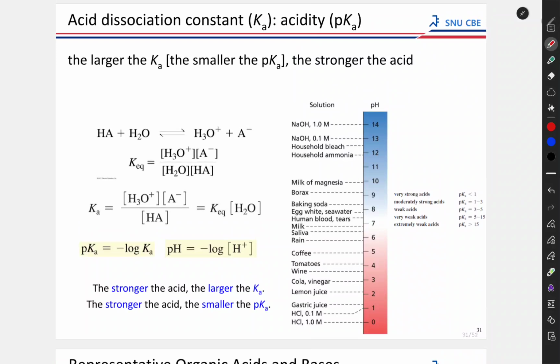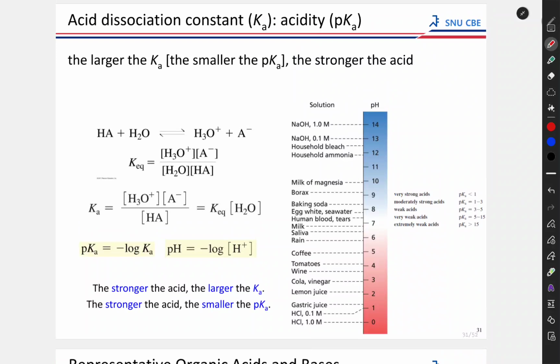You know that the larger the Ka, meaning the smaller the pKa, the stronger the acidity of the corresponding species, the stronger the acid. And this is a scale of the given solution and its pH range. For HCl, 1 molar will give you around 0 for pH, and 0.1 molar will give you around 1 as a pH. The smaller the number, the stronger the acid.